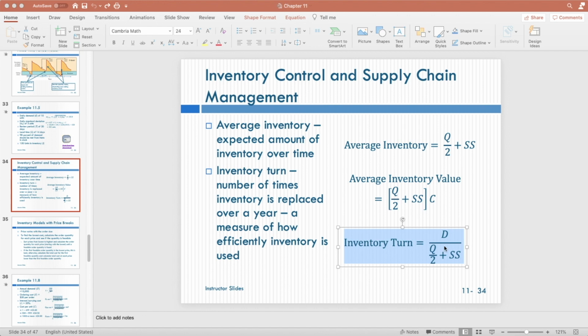So if D stays the same and Q over 2 plus safety stock becomes lower, the whole thing becomes larger, because when the denominator becomes lower while keeping the numerator, the whole ratio becomes larger. That indicates that when your inventory turnover becomes larger, the pace at which you sell your product to the market is becoming faster and faster.